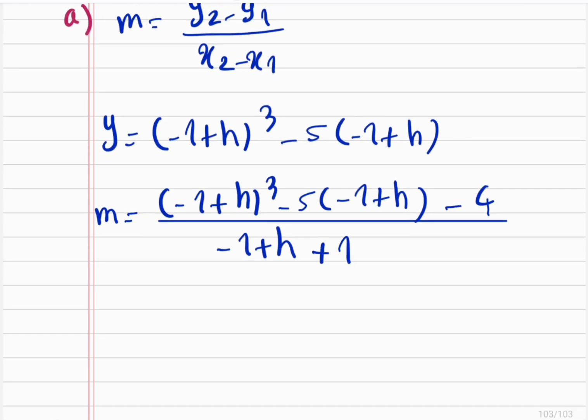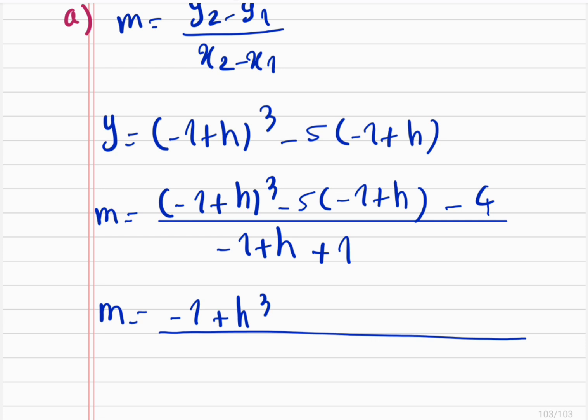Okay, now we just need to expand the brackets and then simplify. For the numerator, we'll have -1 and then plus h cubed. From this point onwards, it's going to be a combination of negative and positive terms. There are two more terms.